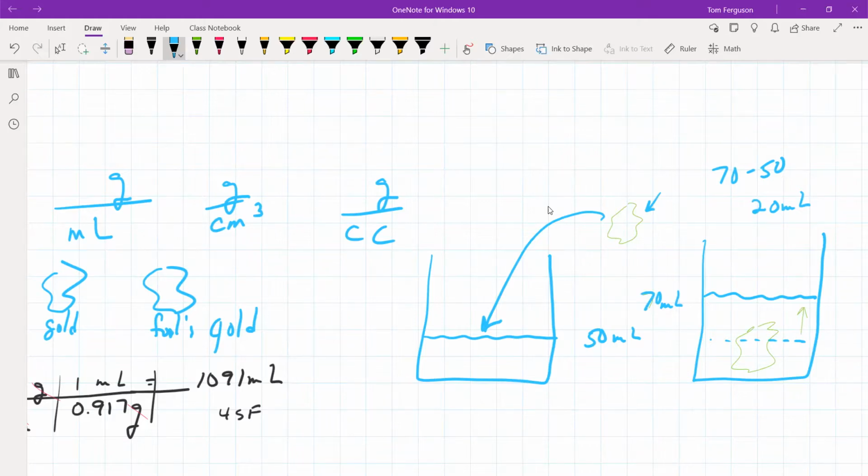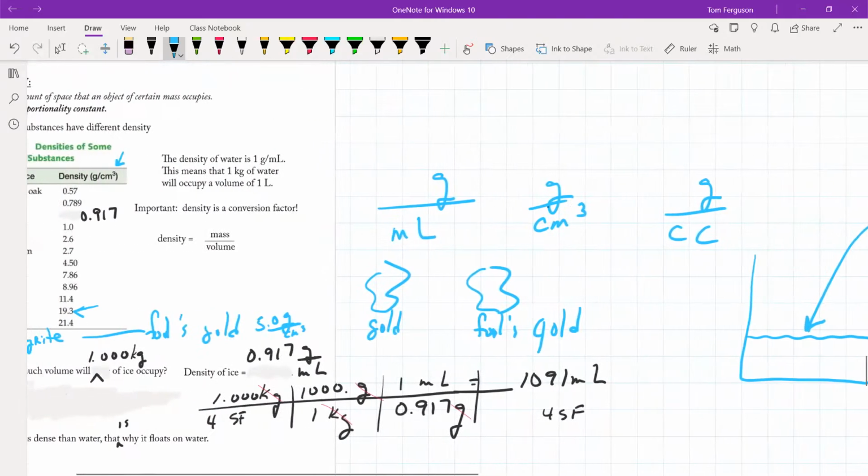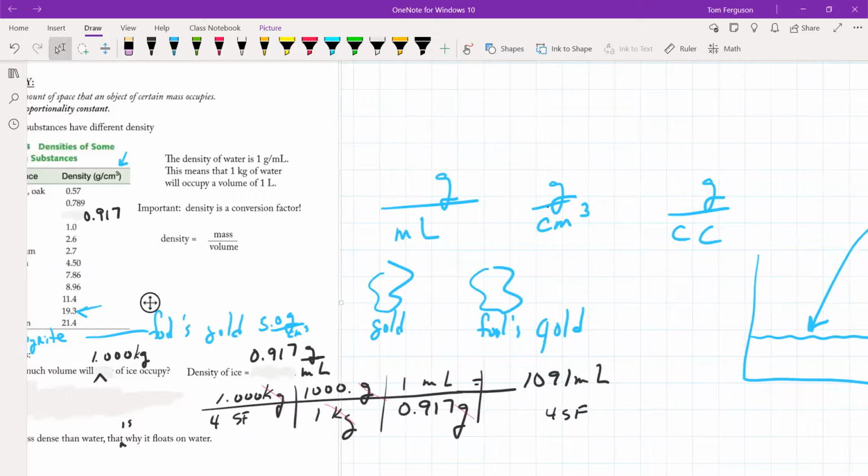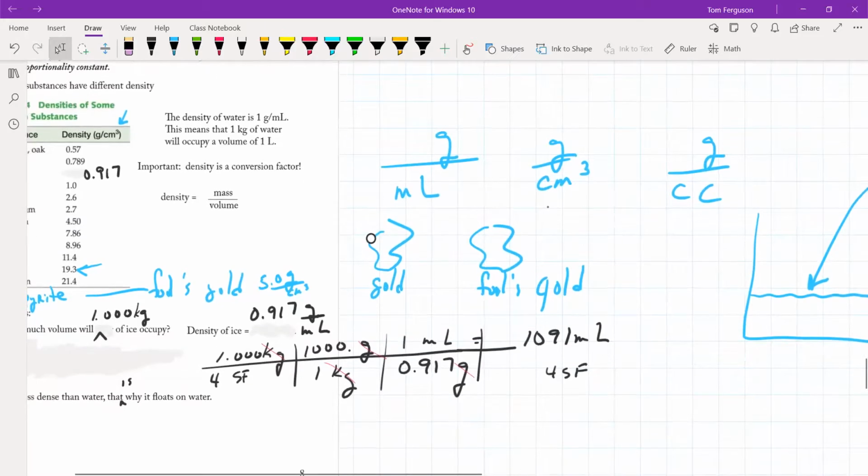So let's go back to our miners now. The miner comes in, plops this big yellow shiny object on the counter, and says, I would like to convert this into cash. First thing the guy does is weigh it and then put it in water and see how much the level of the water goes up.